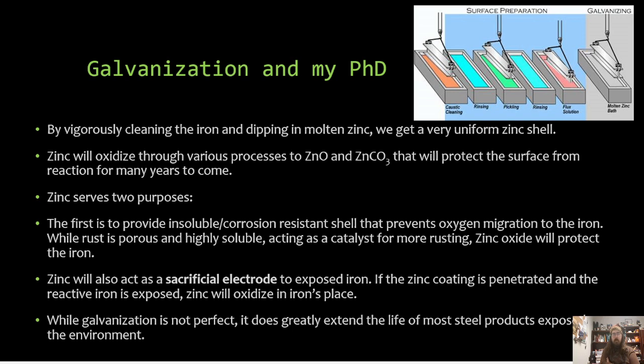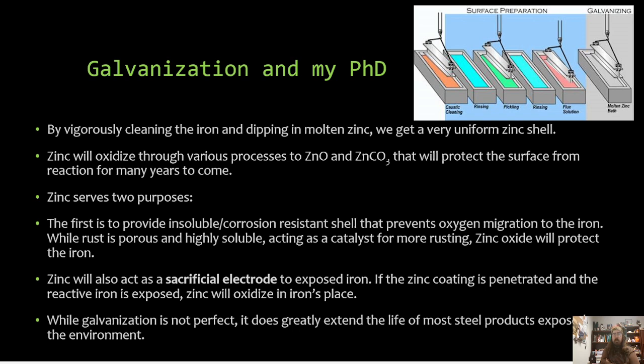It blocks the oxygen out. Iron will allow oxygen in. It may not be a fast process, but the oxygen can sneak through the crystal structure and slowly oxidize it from the outside in. But zinc oxide, once it forms, blocks oxygen from trickling in. And zinc carbonate as well. We form this shell that keeps oxygen out.